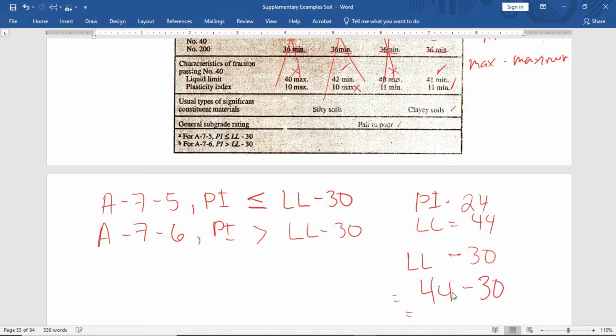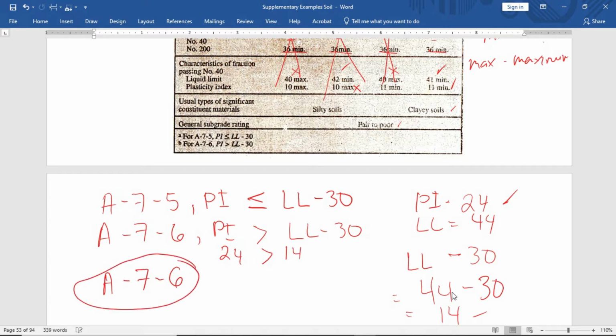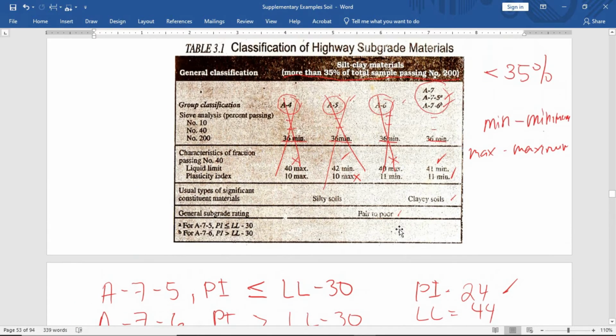Ang lalabas ay 14. Kung 24 ang PI natin at 14 ang LL minus 30, ang lalabas ay A-7-6, kasi PI is 24, greater than 14. Ito yung classification ng soil.